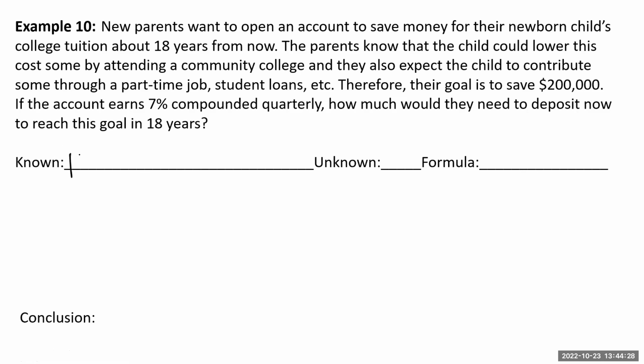We know that the P sub n, or the amount we want in the account, is going to be $200,000 at an interest rate of 7%, and it's compounded quarterly for a time of 18 years. We're looking for the amount we need now. That's the initial deposit, which is the P sub 0.